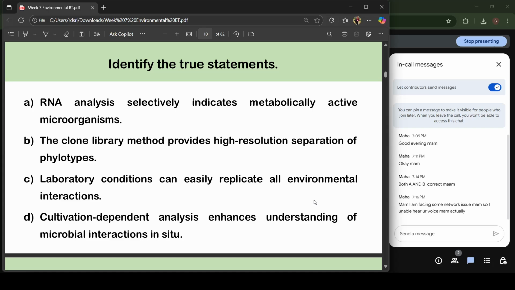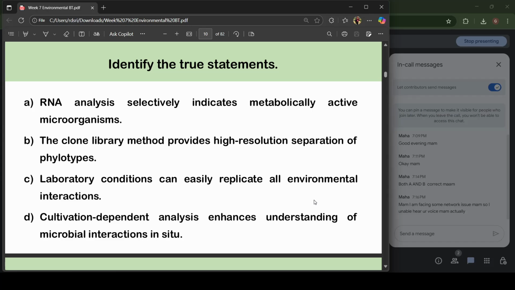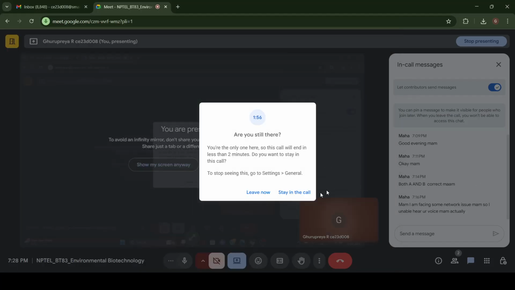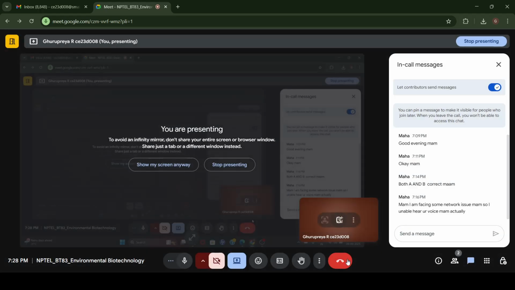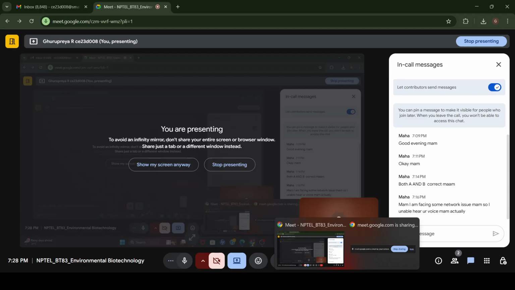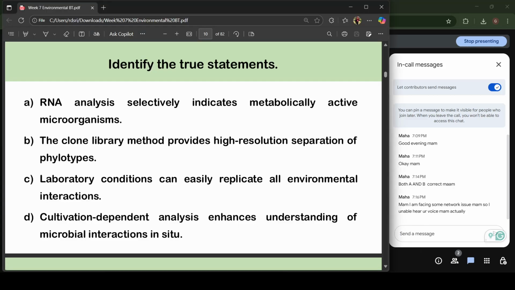Which means if the DNA is going to be expressed, only then do we get the RNA transcript from the DNA. So RNA analysis selectively indicates metabolically active microorganisms. That is true.